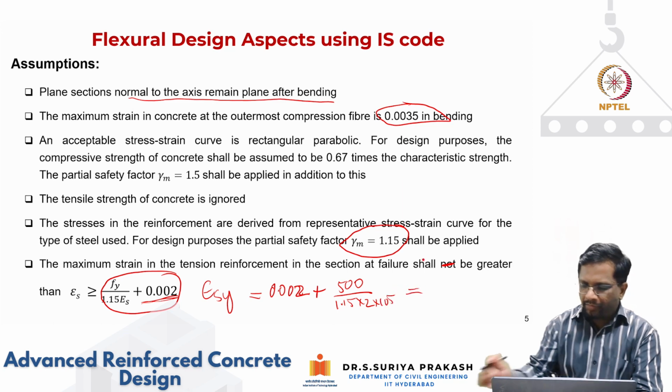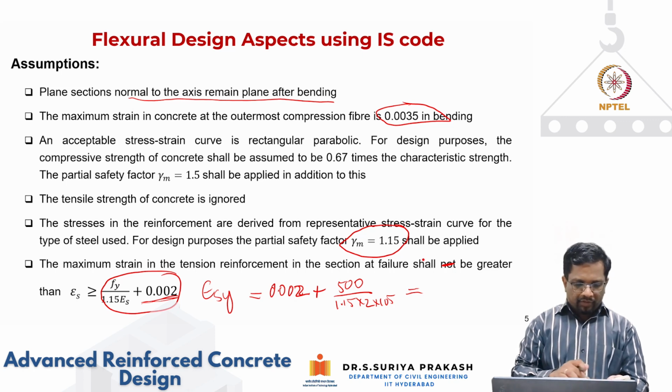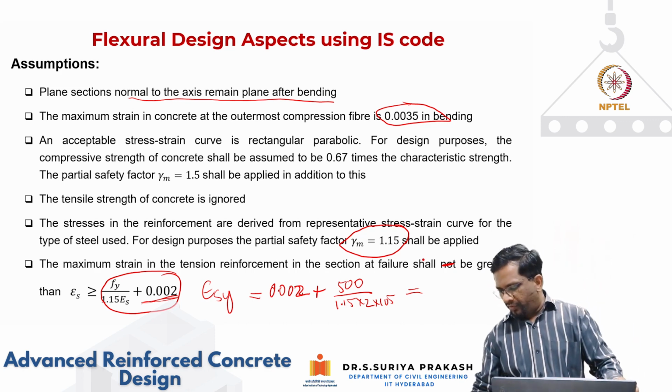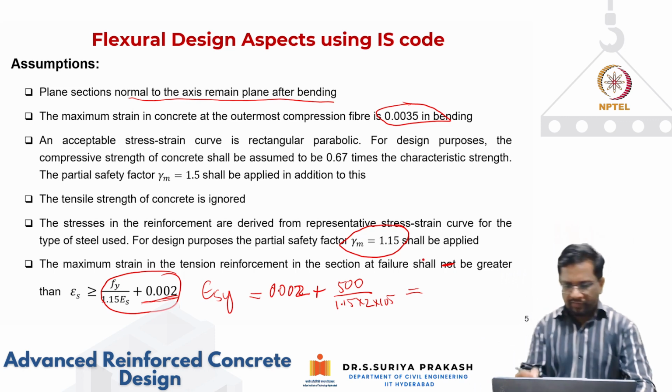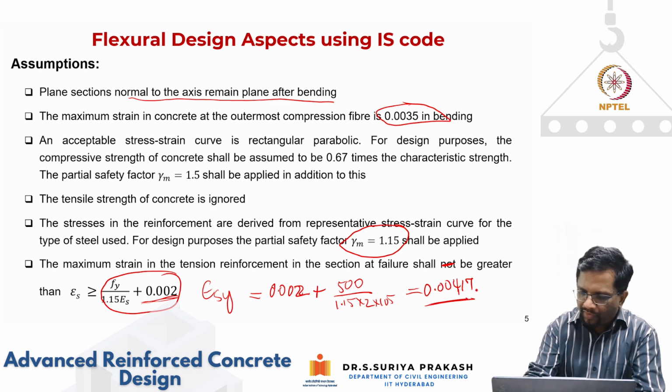If you run the numbers, it works out to be 0.00417. So this is your yield strain for Fe 500.